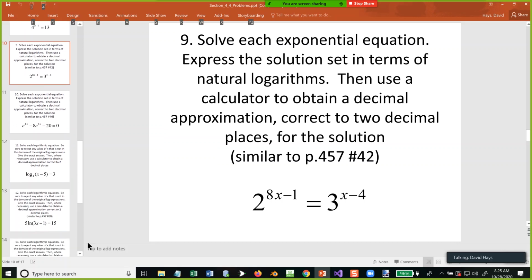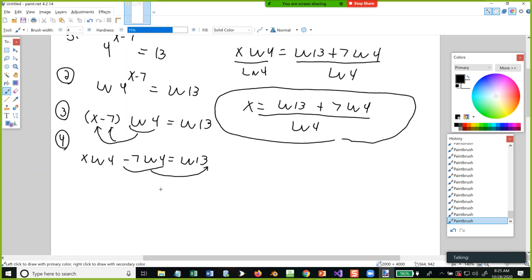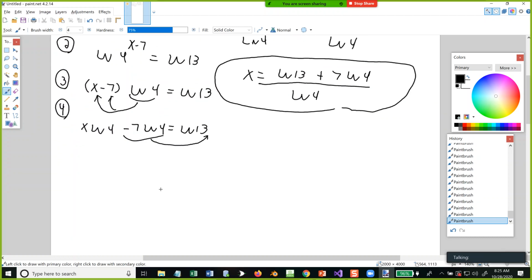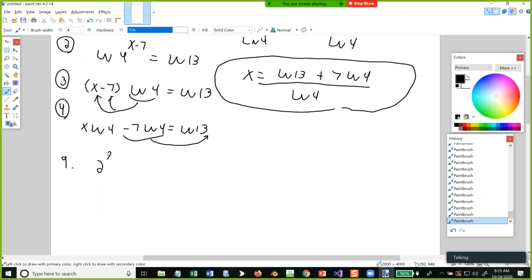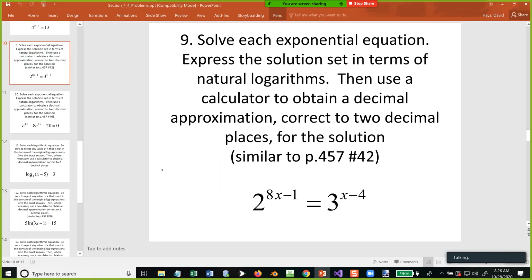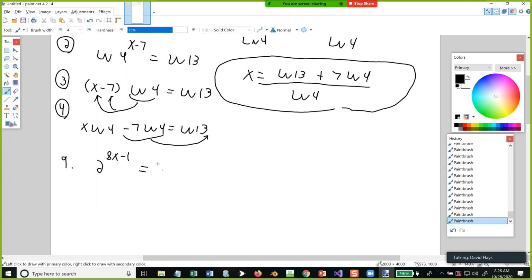Let's take a look at number 9. 2 to the 8x minus 1 is equal to 3 to the x minus 4.